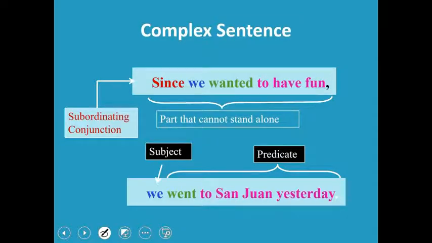So we got, since we wanted to have fun, this cannot stand alone because it doesn't make sense. It's missing information. This word over here, since, is tying the clause to the other, because we need information to complete that. Since we wanted to have fun, we went to San Juan yesterday.